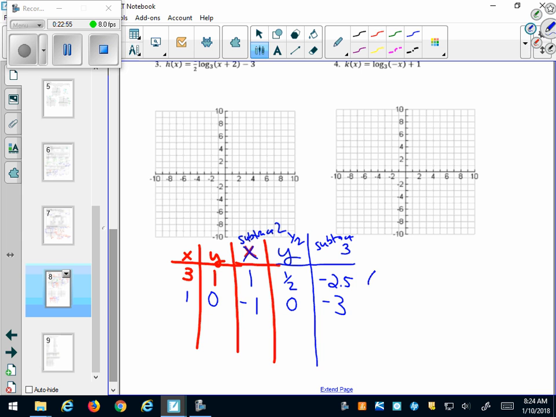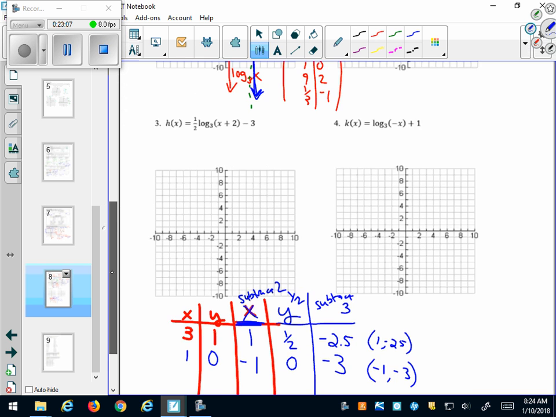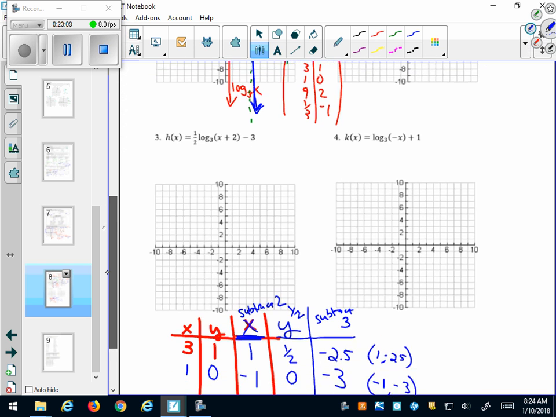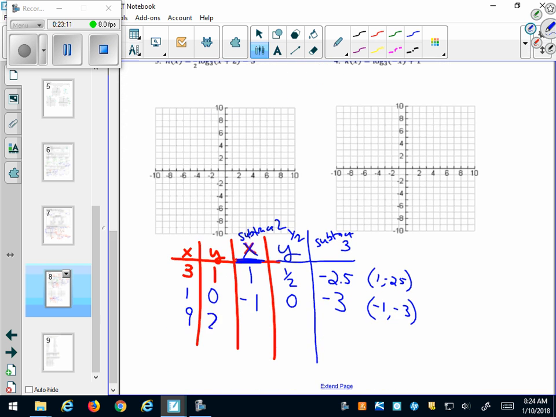So your final point here, you've got to keep track of what your final ones are, right, is 1, -2.5, and then -1, -3. Nine, 2, subtract 2 from the x and you get 7. Take half of the y and you get 1.